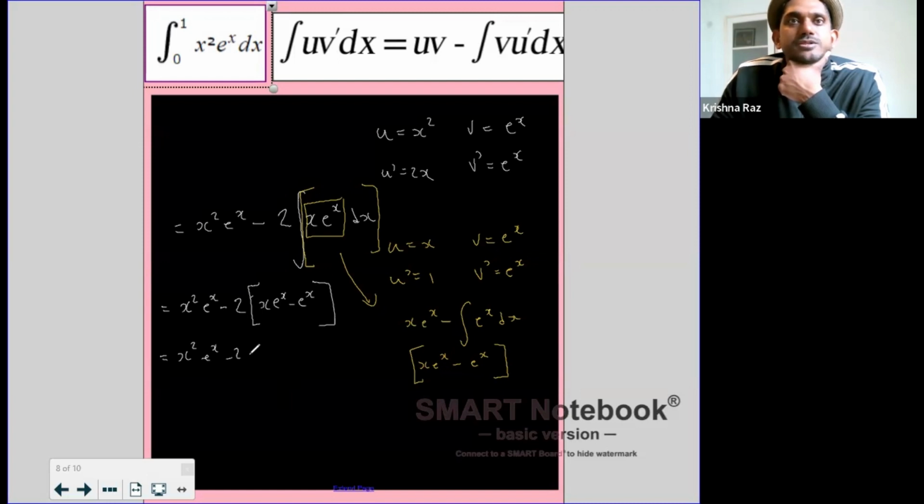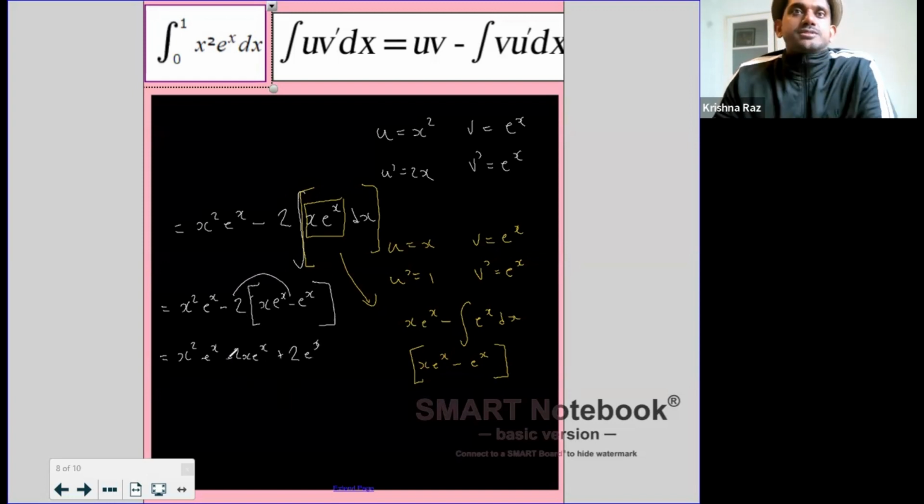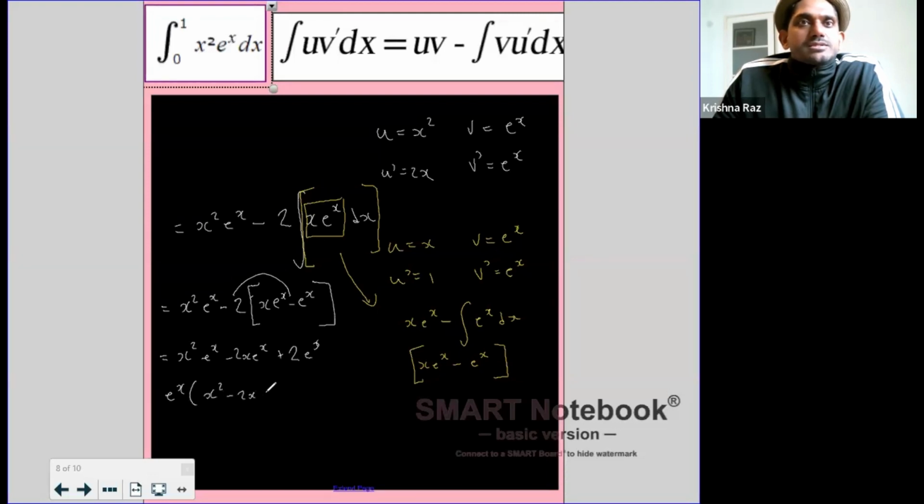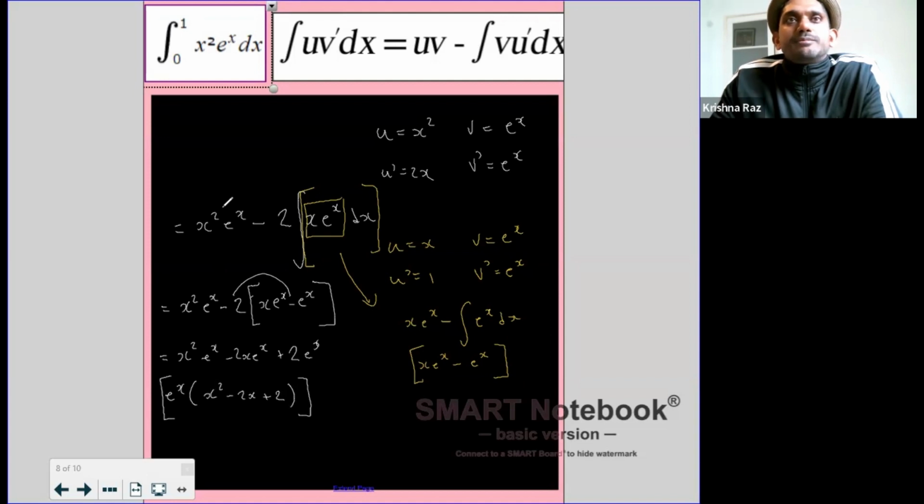So we have minus 2x e to the x plus 2e to the x, because the two minuses will make a plus sign there. I'm going to factor out e to the x. So we have x squared minus 2x plus 2, and that is between the limits of 1 and 0.